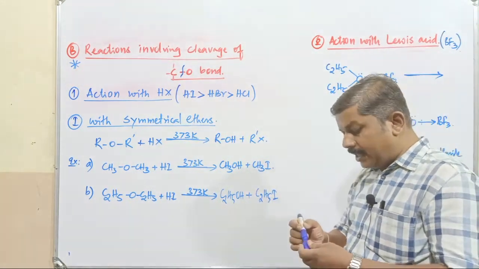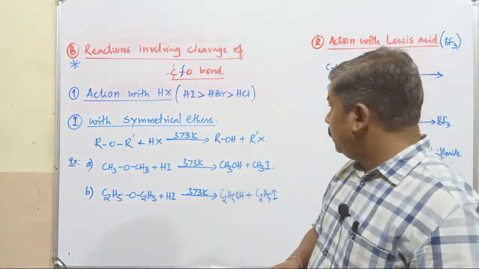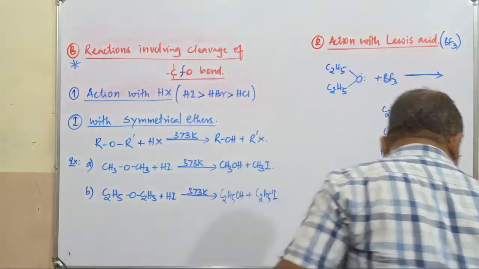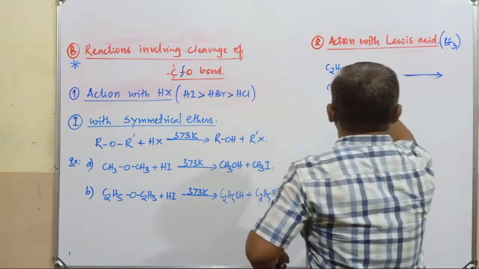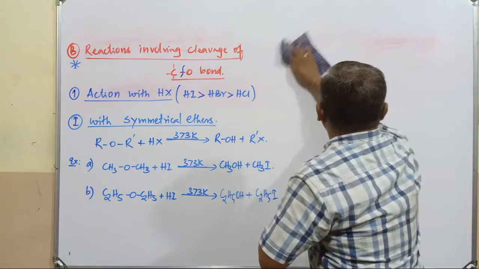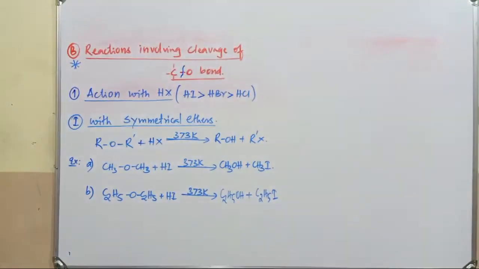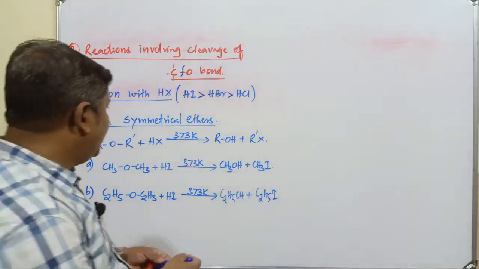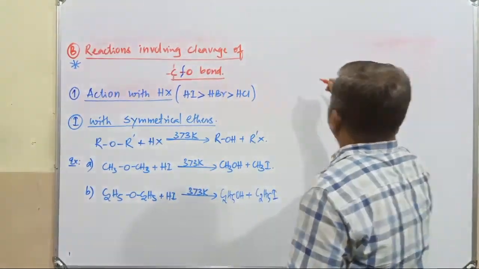And iodoethane, commonly ethyl iodide, is formed. So this is the reaction which takes place with symmetrical ethers. In symmetrical ethers both alkyl groups are the same, so the formation of alcohol as well as alkyl iodide takes place.